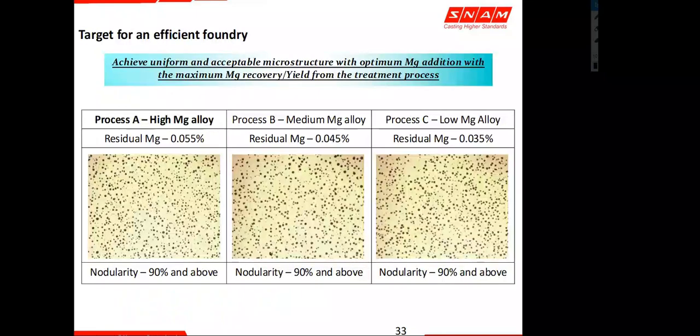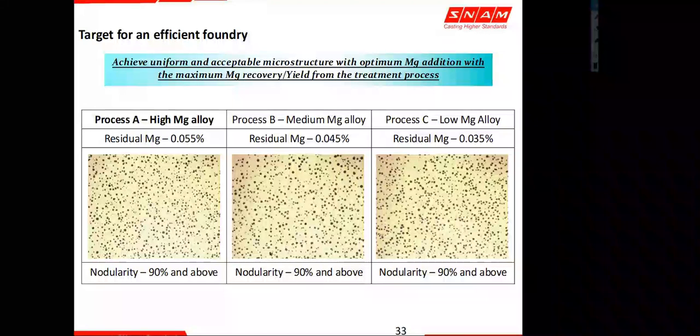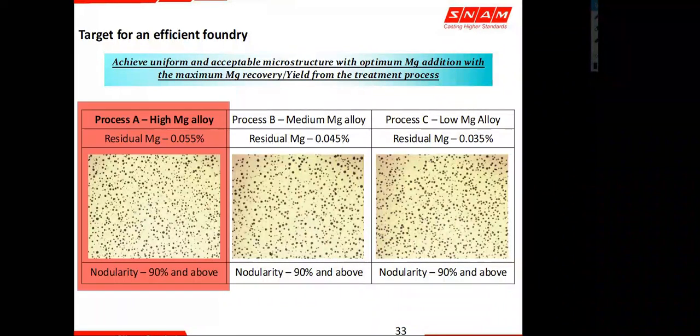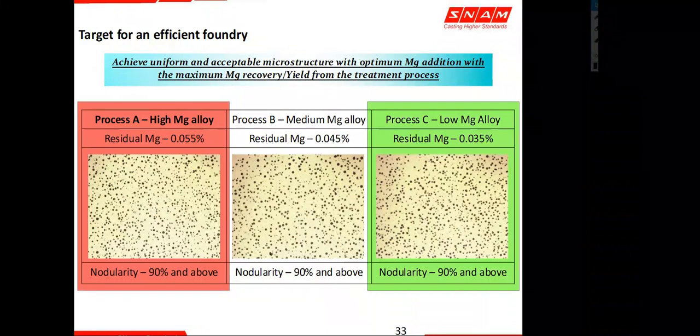So what should be the target of an efficient foundry? To achieve a uniform and acceptable microstructure with optimum magnesium addition and the maximum magnesium recovery or yield in the treatment process. When you compare these three results, process A and process C still give similar nodularity, but process A has been produced with a high magnesium alloy with a high residual magnesium.